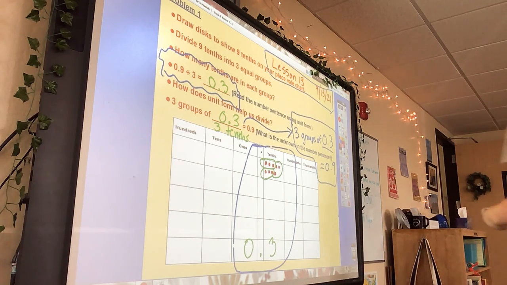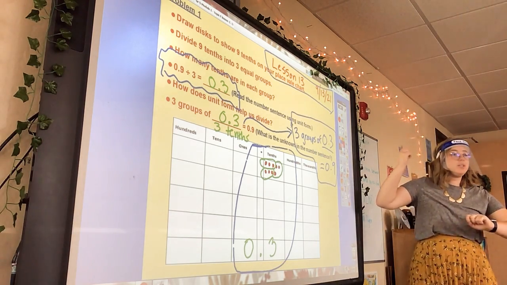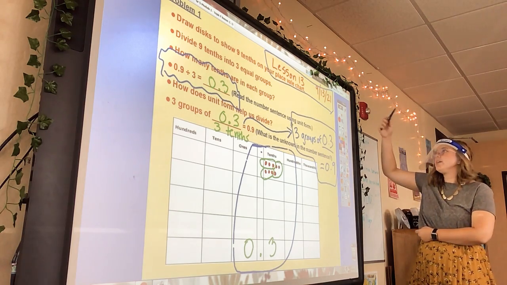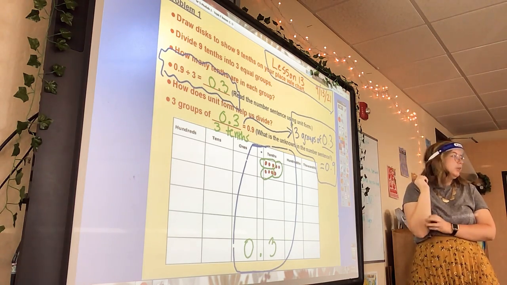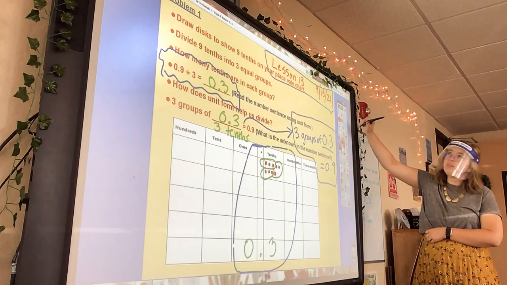When we start the problem set, I can come back to this, but I do need to move on, okay? So if you are good, you can put your notebook away, and I'm going to move on.